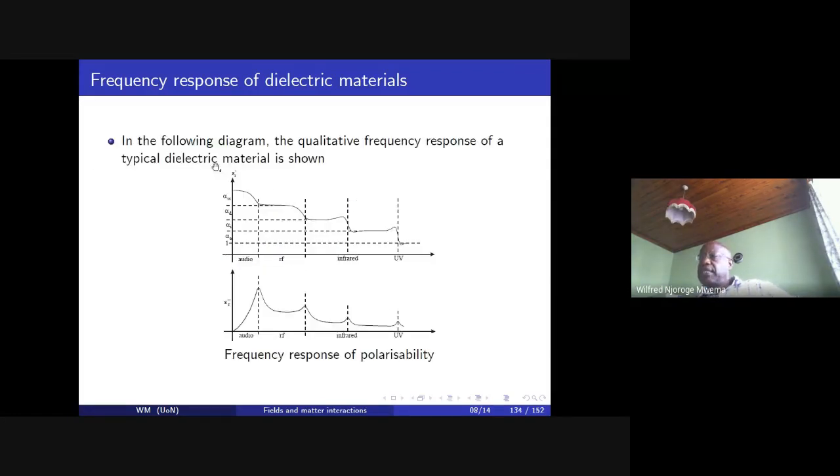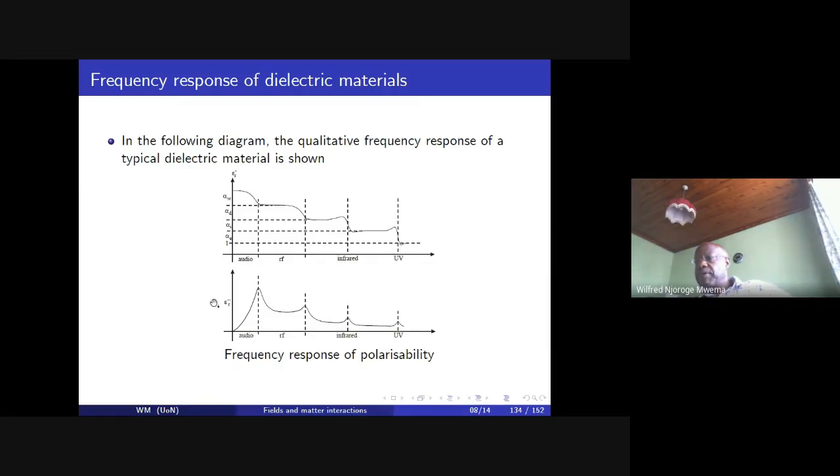So this is a qualitative presentation of the polarizability frequency responses, where we have the space charge, that is the accumulation of charges at grain boundaries and the like. Then we have the dipole moment kind of polarization, and then we have the ionic, and the electronic around there coming to the UV light.